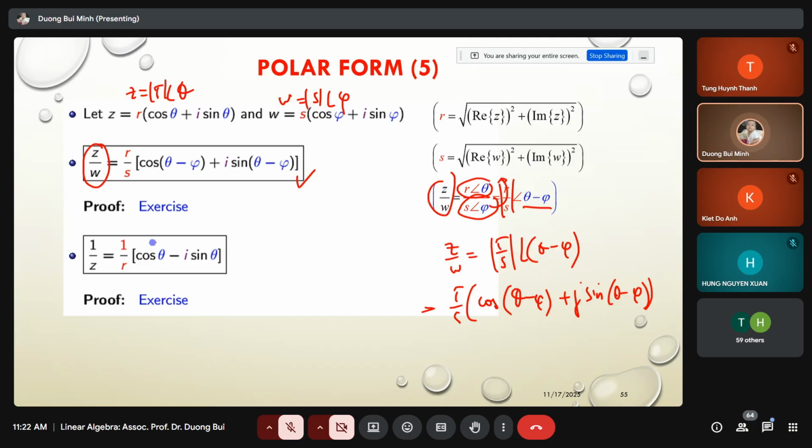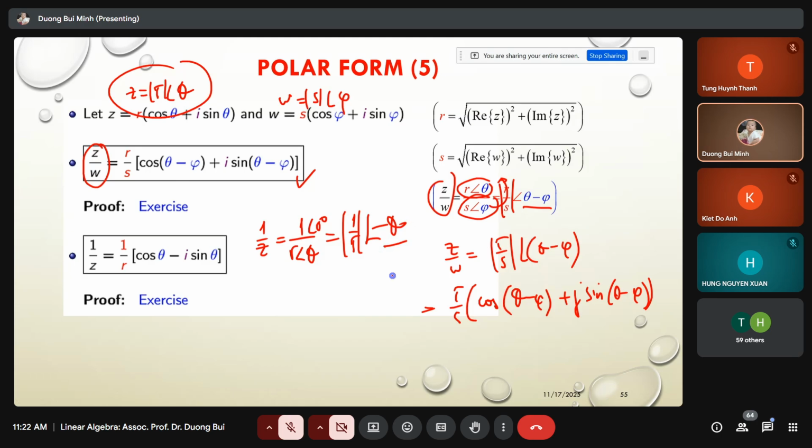Similarly, you can get 1 over z, the inversion of z. It means 1 over r with theta, or you can get 1 over r with minus theta, because the angle of 1 is 0. So moving theta from the denominator to the numerator, you get minus theta.